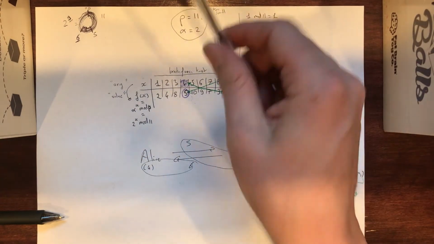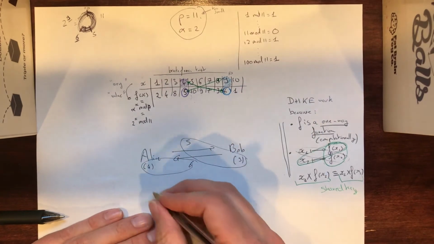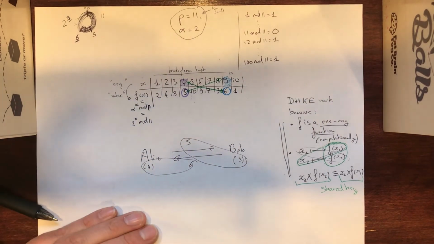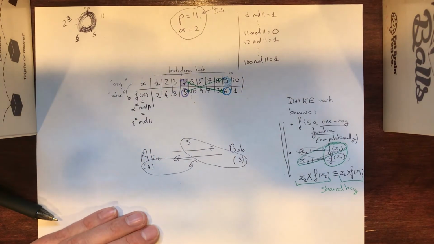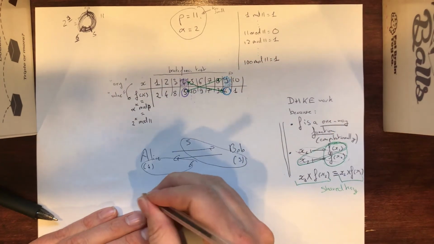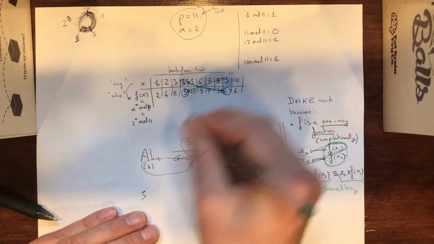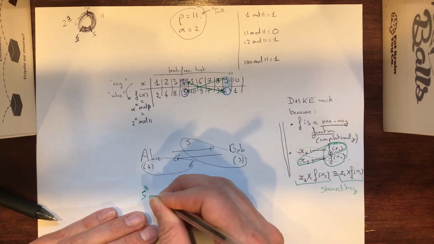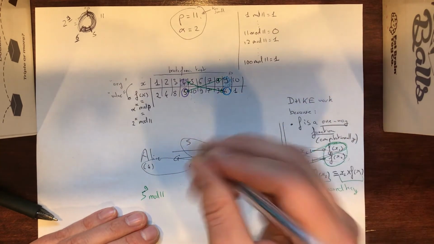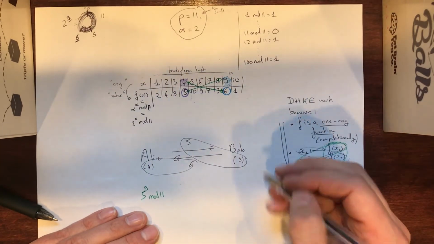And here the combination is I compute the public key to the power of the private key, right? So 5 to the power of 9, always modulo 11. Always, that's the world we live in, we always do modulo 11.